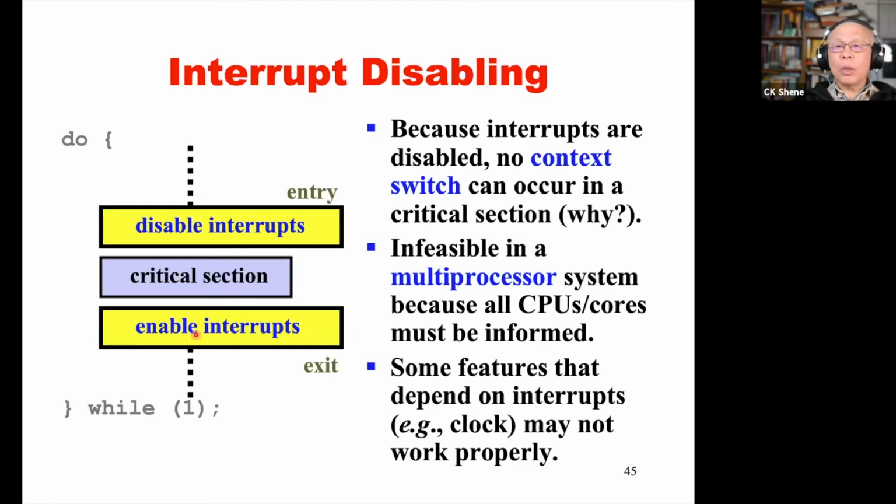When all interrupts are allowed to happen, they would happen one by one. So interrupt disabling and enabling is a technique frequently used in an operating system. And the critical section between disabling and enabling is always very short.